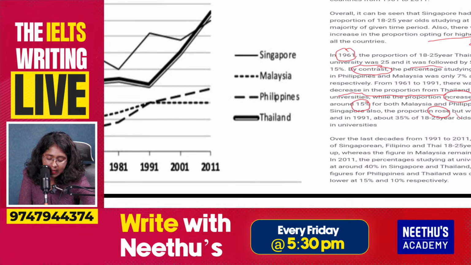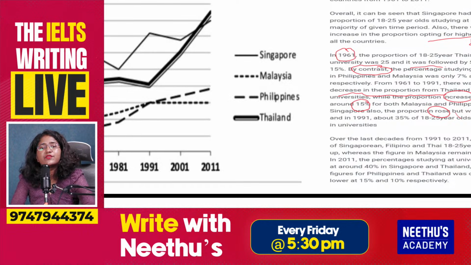Okay, the trend went up, whereas the figure in Malaysia remained unchanged. Okay, in 2011 the percentages studying at university stood at 40% in Singapore and Thailand, while the figures for Philippines and Malaysia were considerably lower at 15% and 10% respectively. So using the word while for showing comparison.